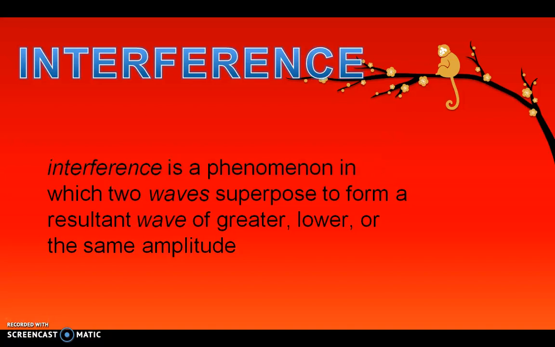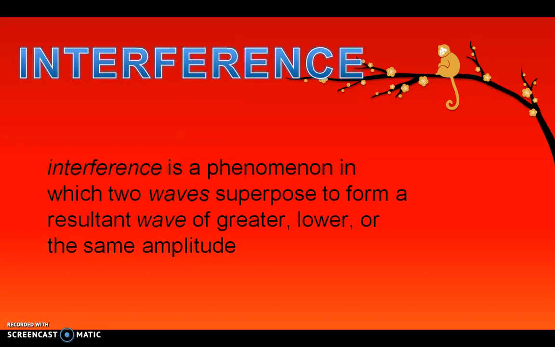The next one is interference. What is interference? Interference is a phenomenon in which two waves superimpose or overlap to form a resultant wave, which is of greater, lower, or the same amplitude as the initial.